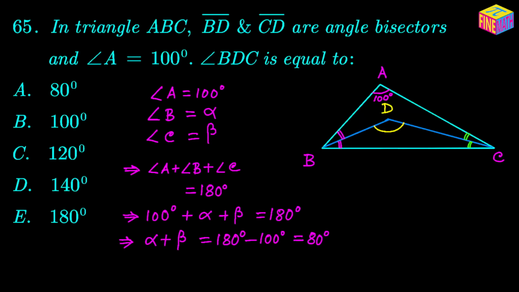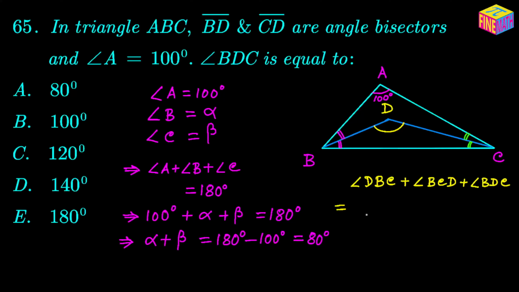Now think about the small triangle, DBC. For that triangle, what would be the sum of the angles? The angles are angle DBC, angle BCD, and angle BDC.